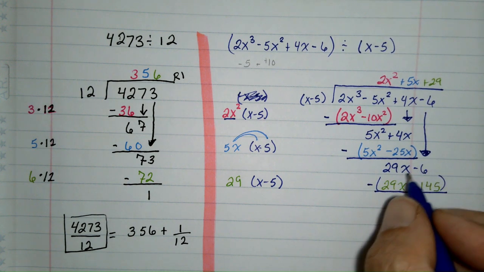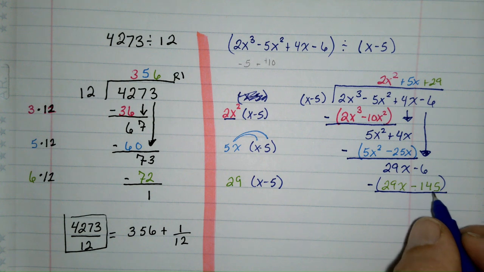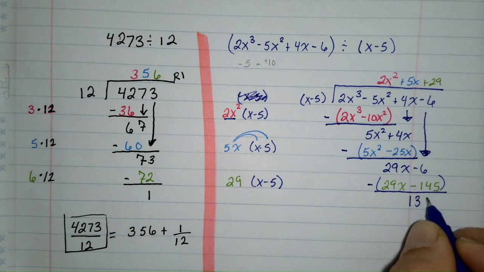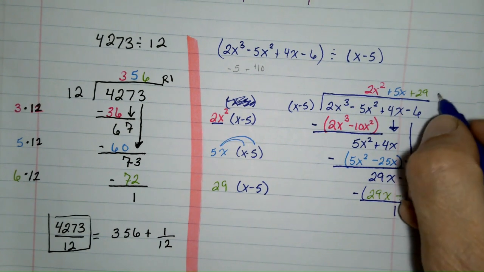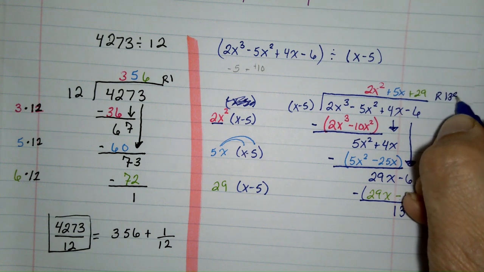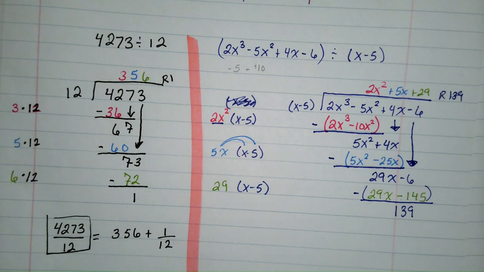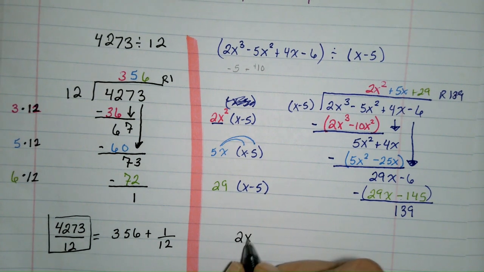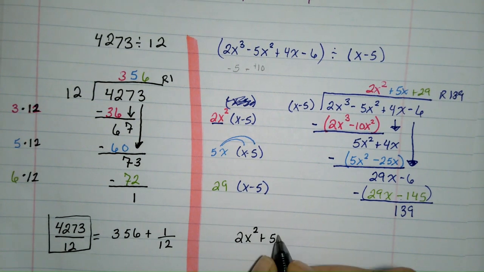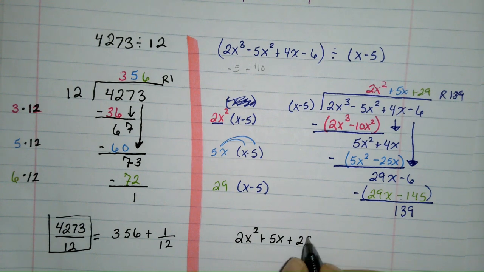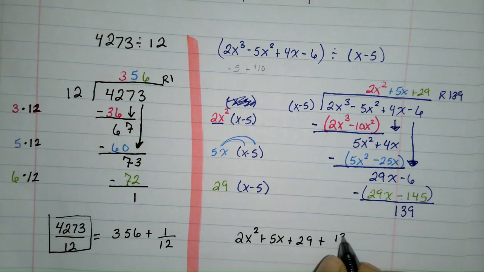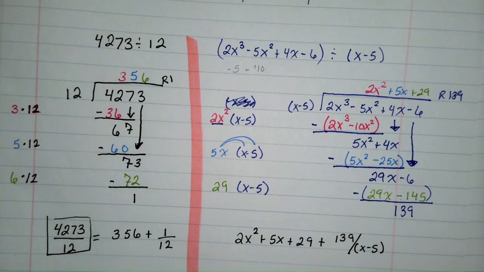Negative 6 minus negative 145 is 139. So that's our remainder. So our answer would be 2x squared plus 5x plus 29 plus our remainder over our divisor.